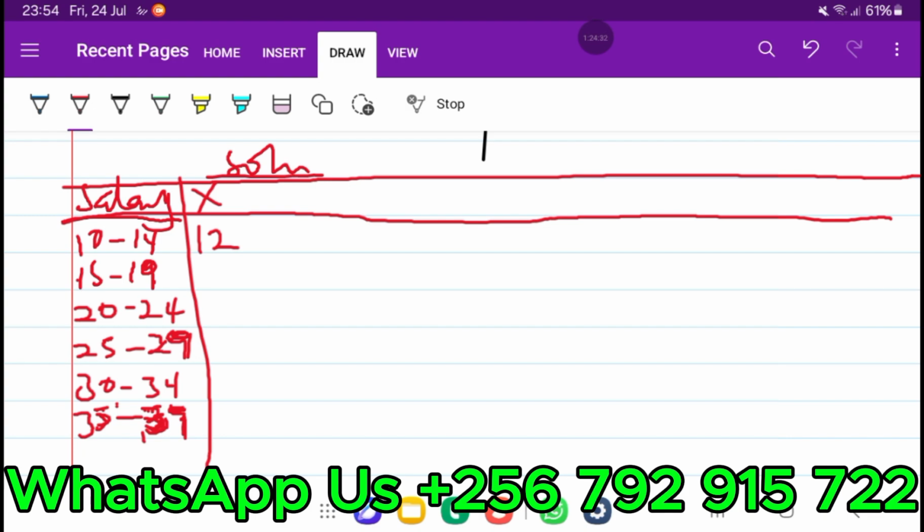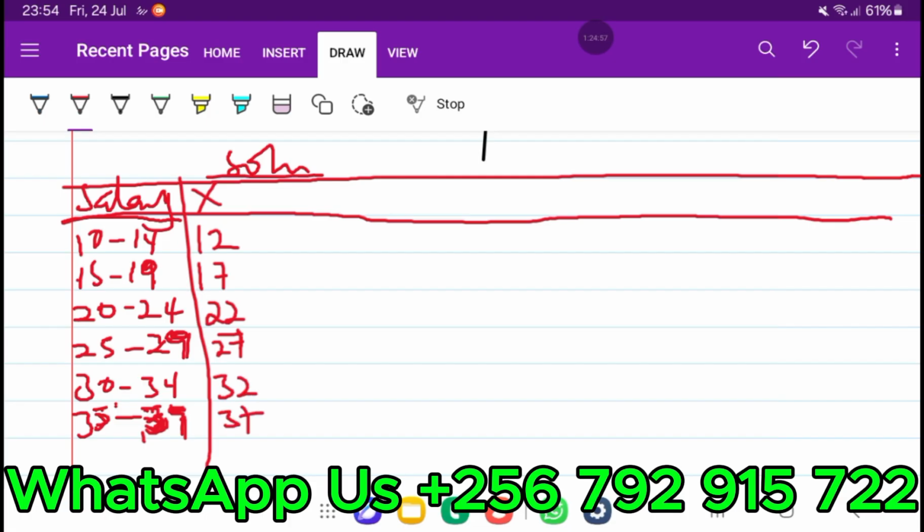This is 17 plus 5. If you add 5 there, you'll be getting 22. As long as the class intervals are the same, you just move like that. 27 here, plus 5, 32, plus 5, 37.